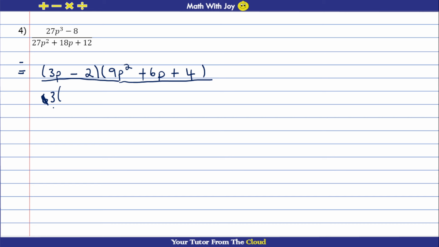So we take out a 3. Then here we're going to be left with 9p squared plus, taking out a 3, you're left with 6p. Took out a 3, you are left with a 4 for the 12. So that's the highest common factor between all the numbers. So the common factor is 3. So you check, when you multiply back, you get 27, you get 18, and you get 12. So that is the highest common factor over there.